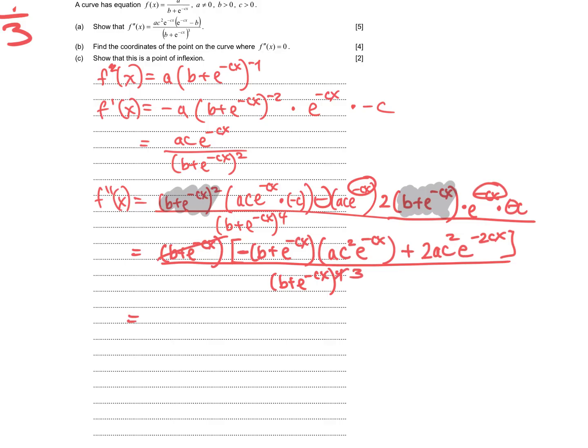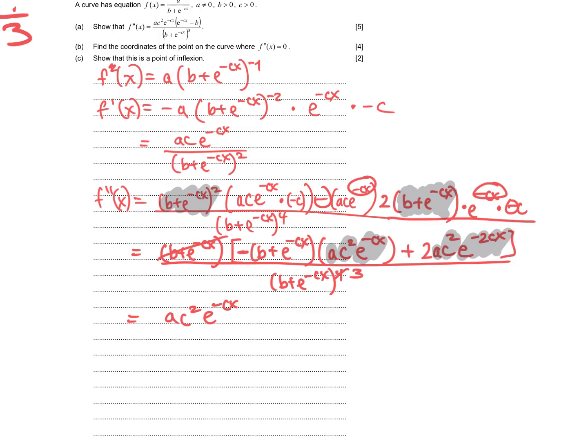And now we have an a, we have a c squared, we have 1 e to the negative cx, just one of those.